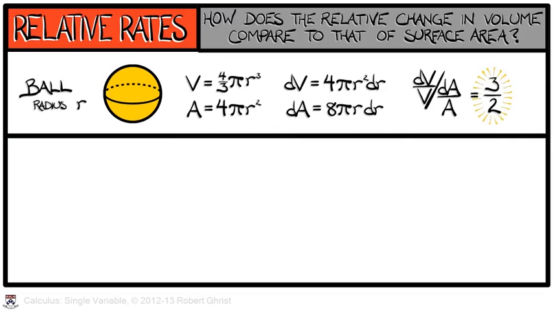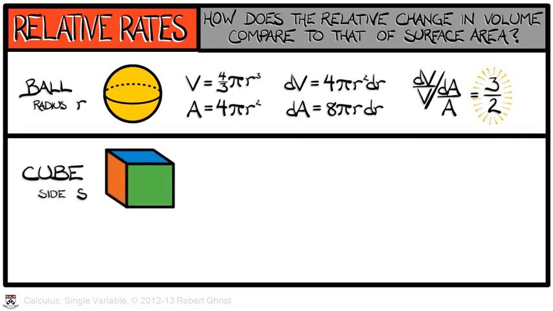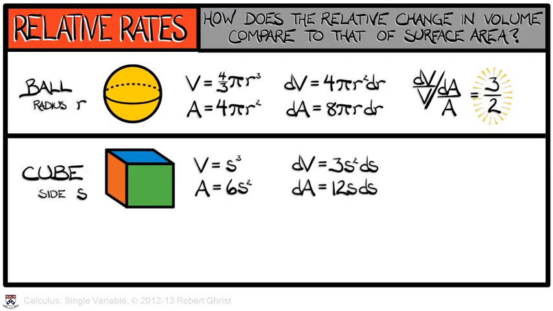I wonder if that holds for any other shapes. Let's take a cube of side length s. The volume of that cube is s cubed. When we differentiate, we get dV equals 3s squared ds. The surface area is 6s squared. Differentiating yields dA equals 12s ds.